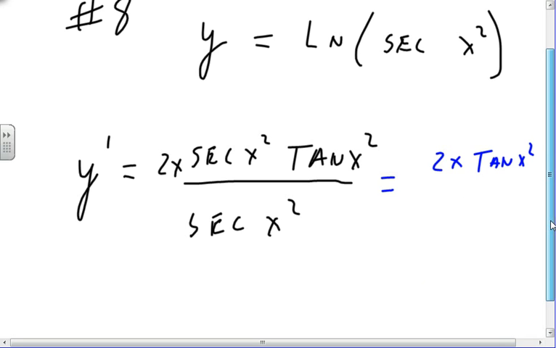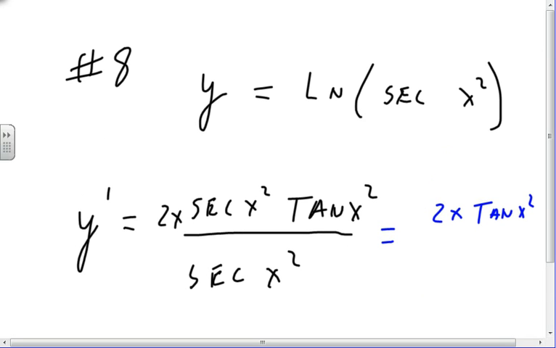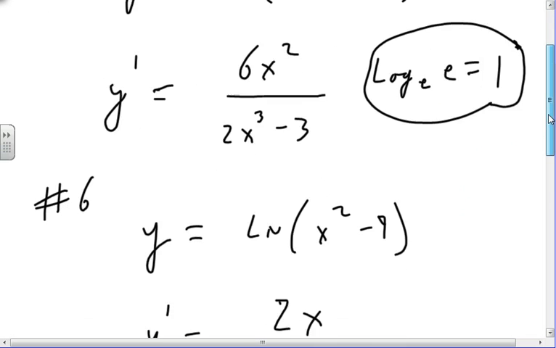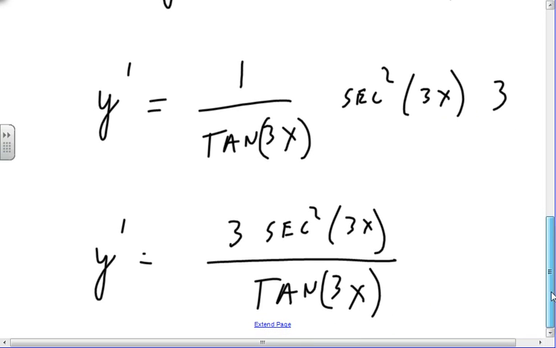So in the last problem, you would probably get rid of your 3x's then? Were there 3 x's there? 3x over 3x. I don't see any 3x over 3x. Where do you see it? 3 secant squared, yeah. 3x over tangent 3x. And which one of those gets canceled out exactly?